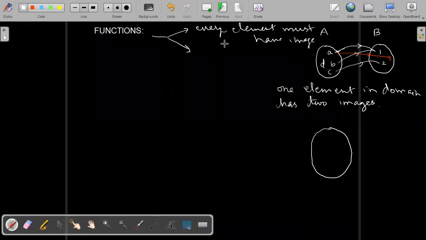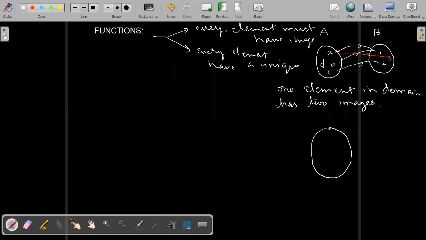And every element has a unique image, so their image should be unique. Here it is not unique. A has two images.